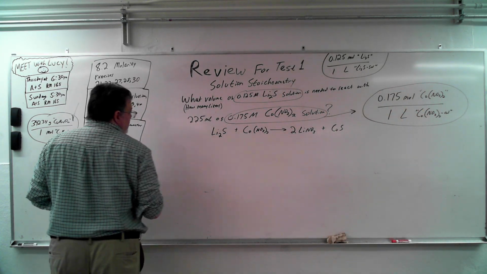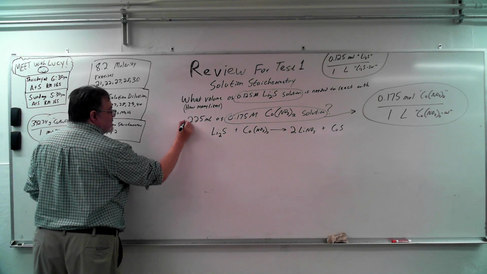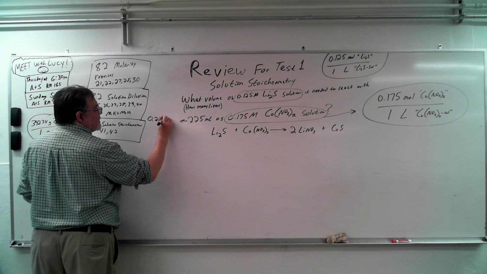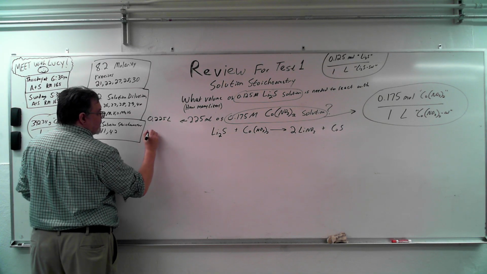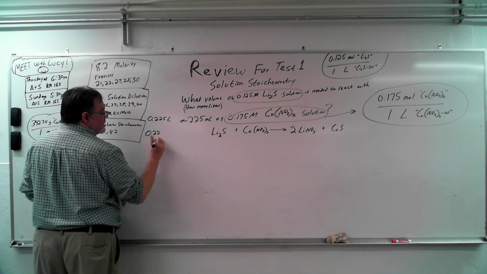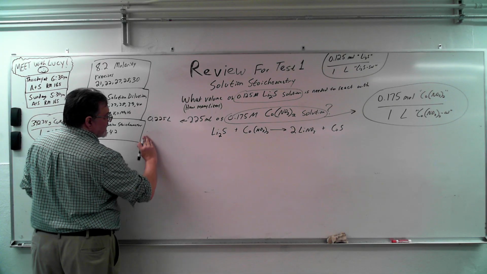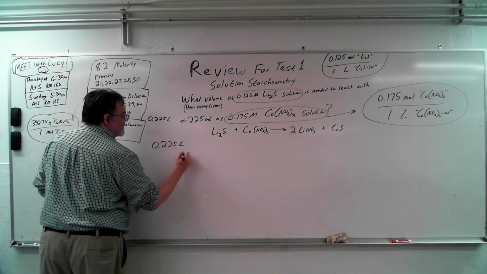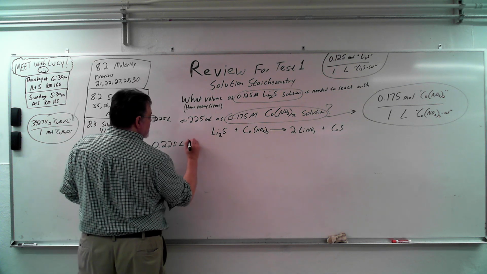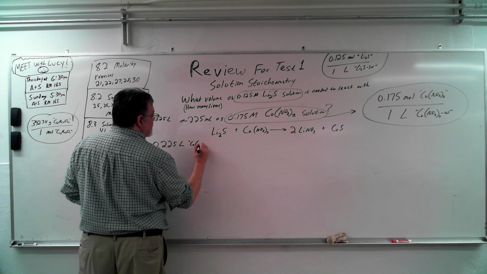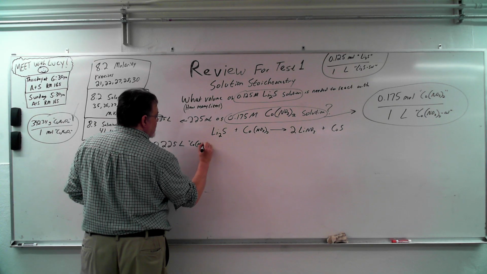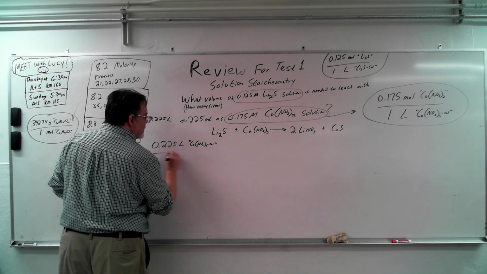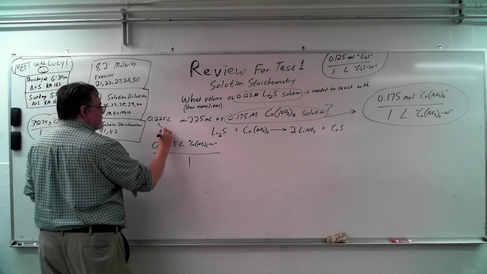I would turn the 225 milliliters into liters, which is 0.225 liters, or more formally 0.225. I'll go ahead and write it down here. This is where I'm going to use it. 0.225 liters of CoNO3 solution. So we use that.